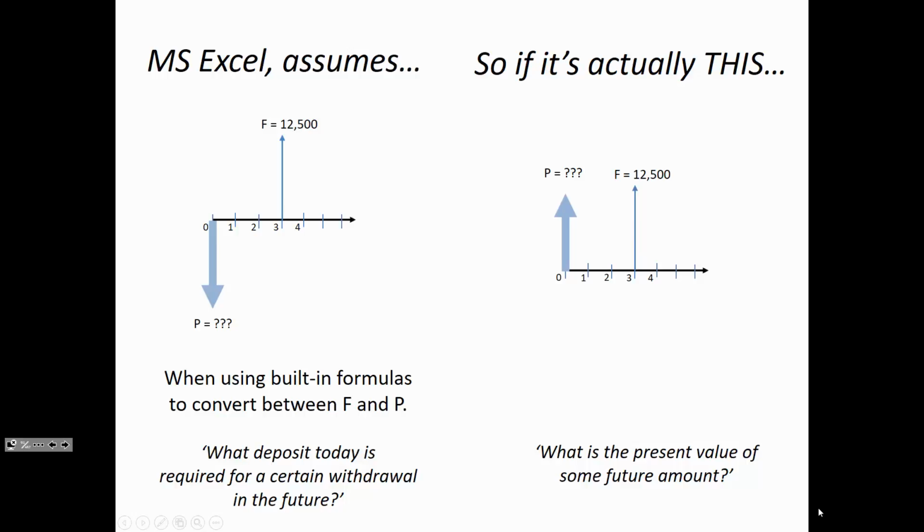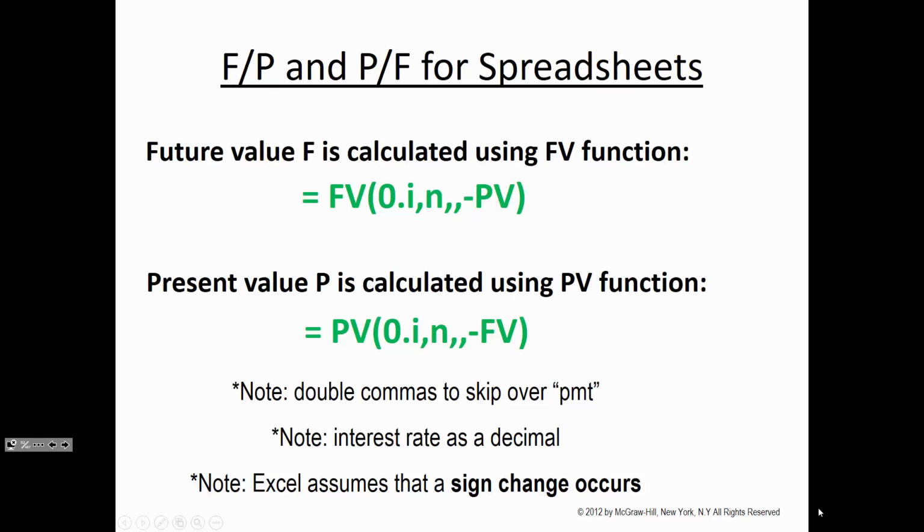And I guess maybe this goes back to the difference in how Excel is being used from accountants versus engineers. I'm not really sure why Microsoft made that assumption, but they did. So we have to put the negative sign to the built-in formula to overcome that. It's a small price to pay for being able to use those pre-existing formulas because they're awfully helpful.